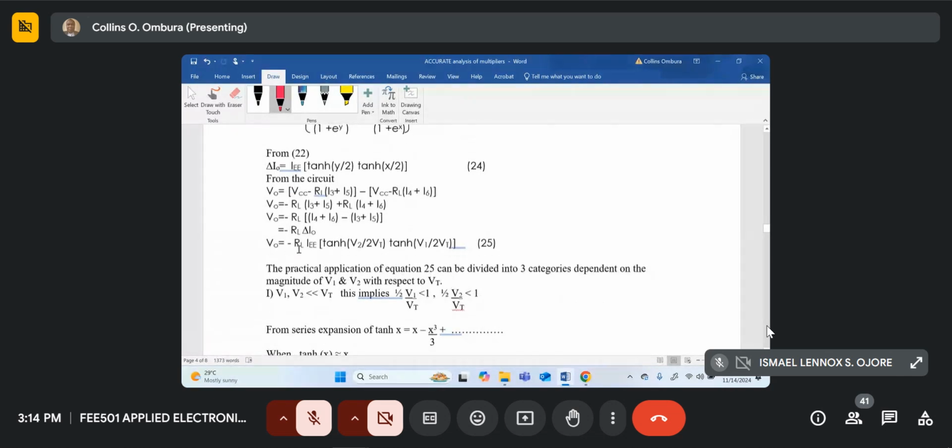So equation 25 is the accurate expression for the input-output relationship of the Gilbert multiplier.